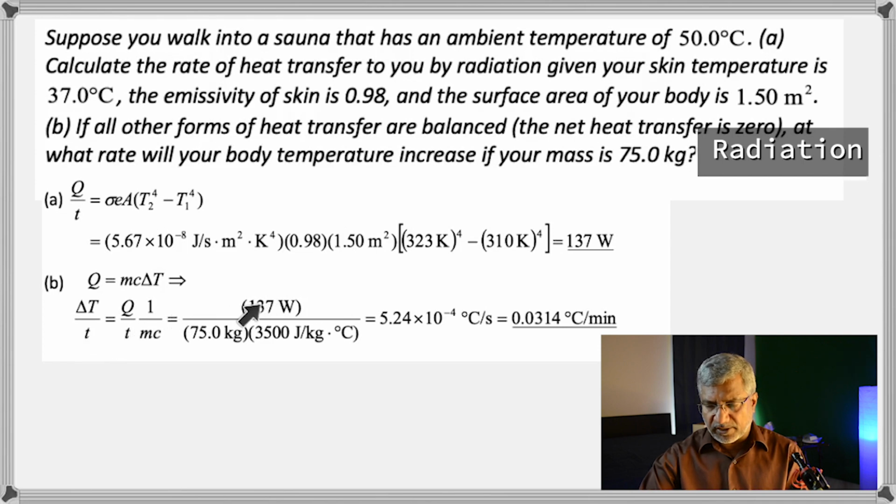So you have 137, mass of the human body, specific heat of the human body. Notice it's close to that of water. Not so close, but it's because 75% of the human body is water. That's why. And then you get that much per second, or the body temperature changes by 0.0314 Celsius per minute.